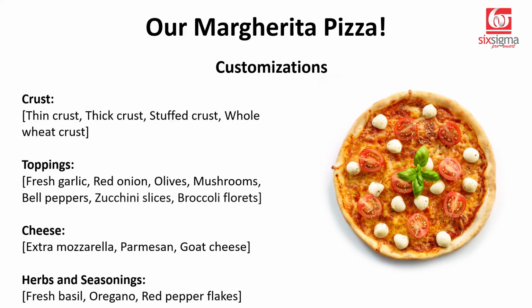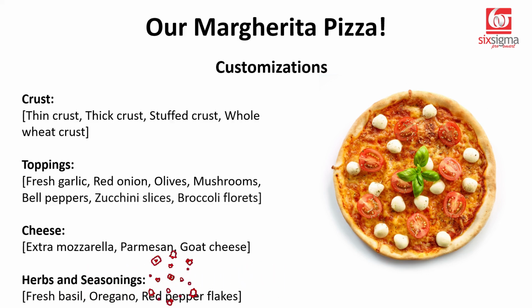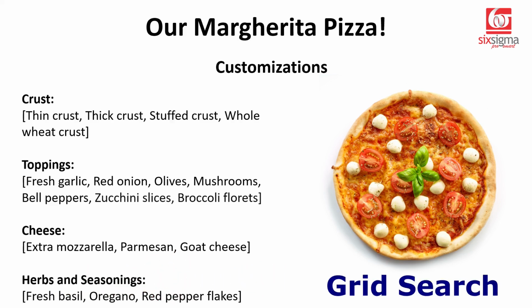So you could experiment with all possible combinations. And based on the feedback that you receive from your customers, you may decide which combination of ingredients results in the best pizza. But you can imagine this would take a lot of time because you have to try every possible combination. And this approach where you try every possible combination to find out the best result or the best taste is the grid-based approach or the grid search approach.